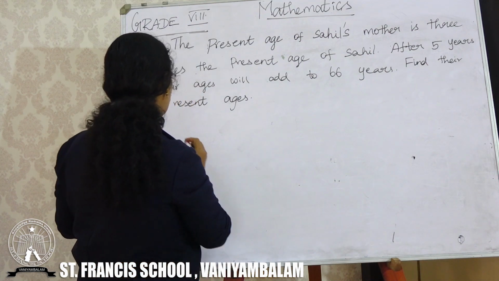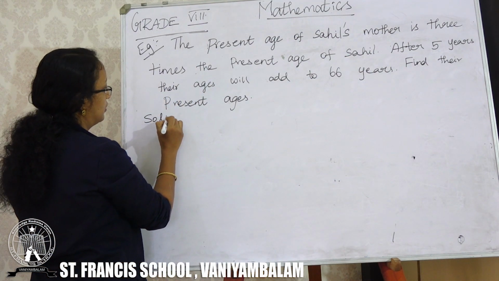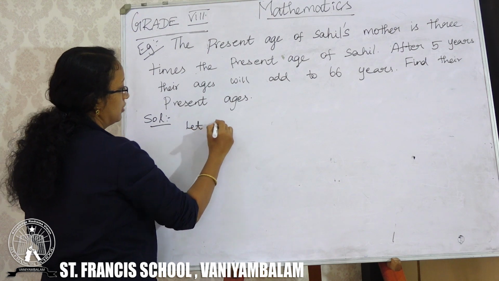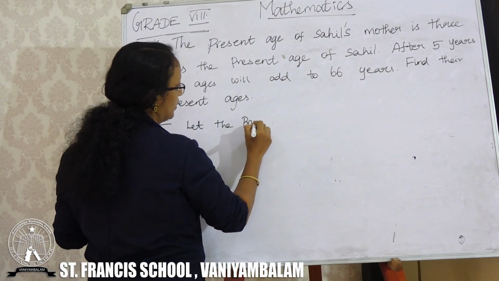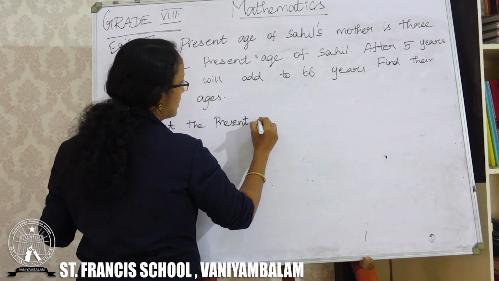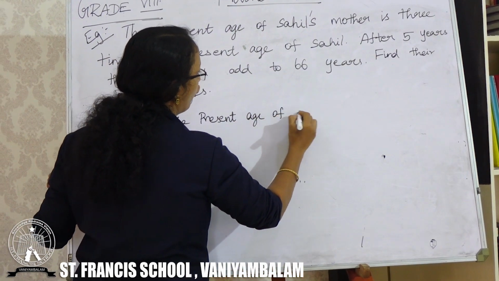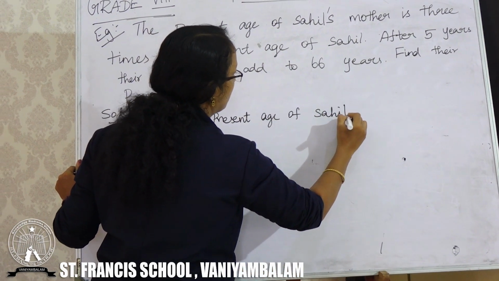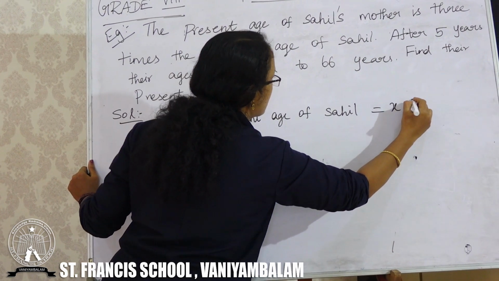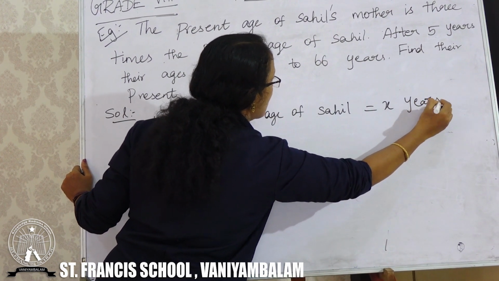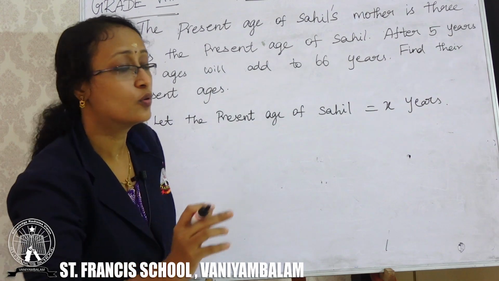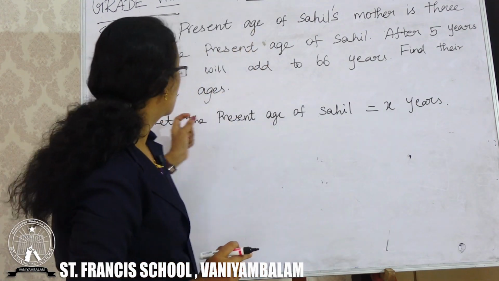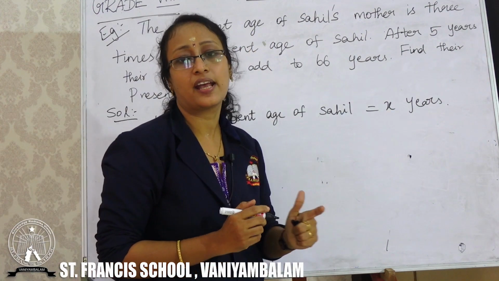So let the present age of Sahil be x years. Since it is an age problem, you have to write the units as years. So let the present age of Sahil be x years.